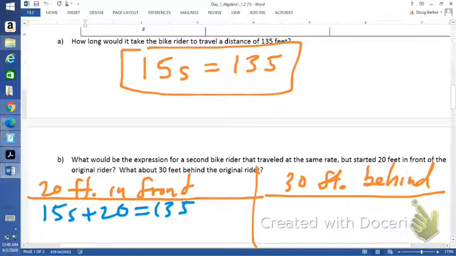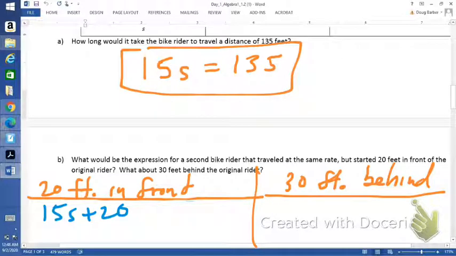Alright, so actually what I think they're just looking for is, we don't have to put the 135, they're just looking for the expression, so the 15s plus 20.